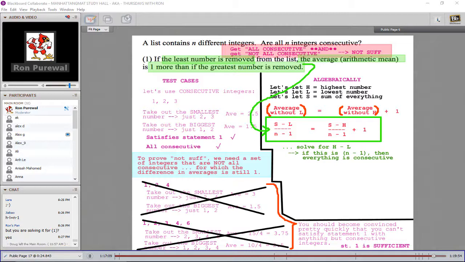So if we multiply everything by n minus 1, then that's going to give you s minus L equals s minus h plus n minus 1. It just knocks it out of these denominators and then puts it here. So s cancels, and we can add h to both sides.